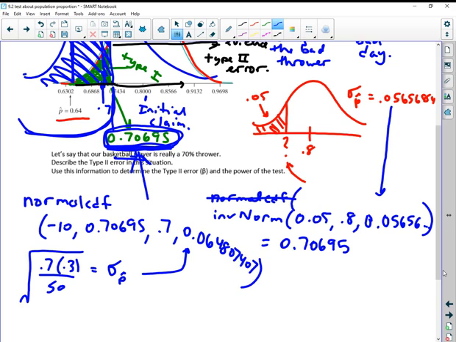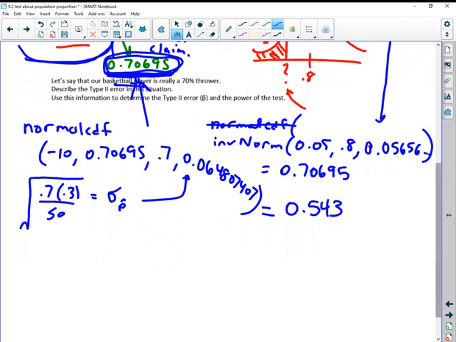I need to find out the probability of that blue area. And so I get a power of 0.543. So that's my power. If he's really a 0.7 shooter, that would be the power of me actually catching him.